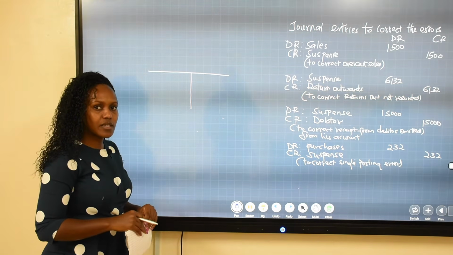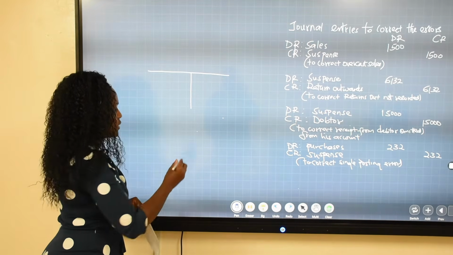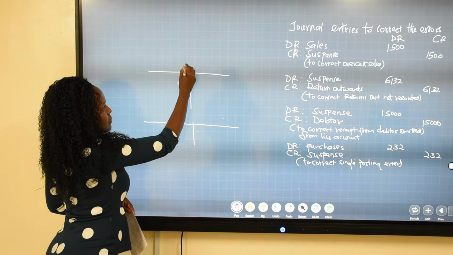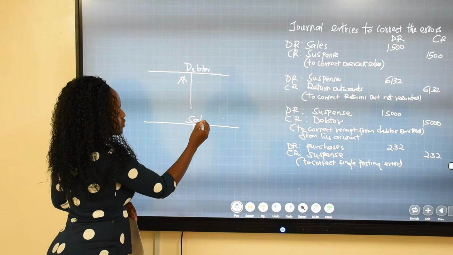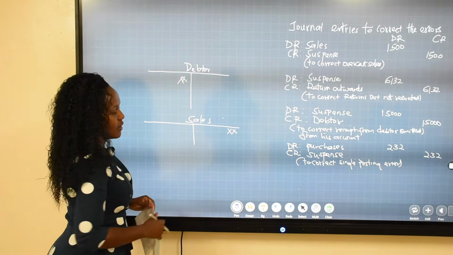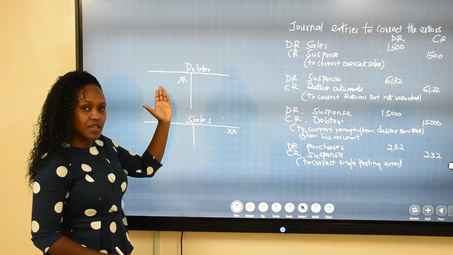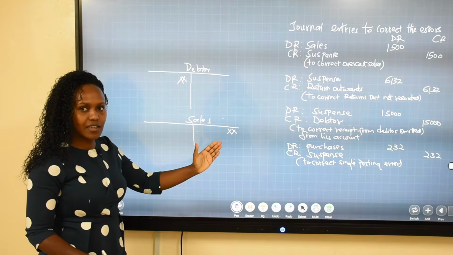He buys goods on credit. So the day the debtor buys some goods on credit, we are going to debit his account. Then when he buys, we are going to credit sales. This is what happens when a debtor buys. We debit the debtor, we credit sales.